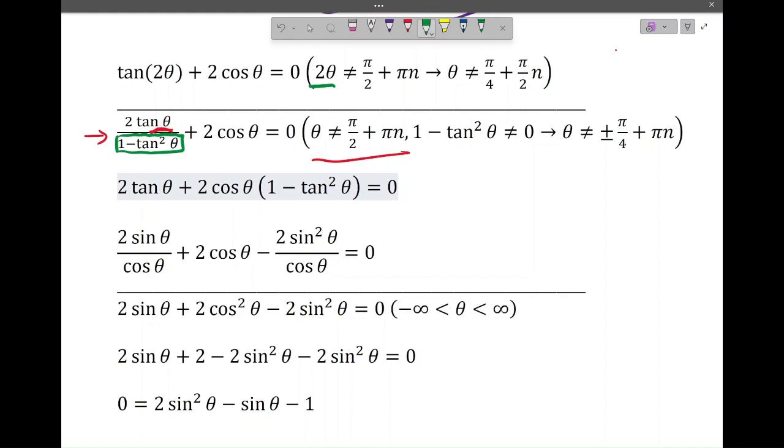I'll just show briefly how I got to here, but this just gives us, again, tangent squared cannot be equal to 1. So tangent itself cannot be 1 or minus 1. So that's going to give you pi over 4 or negative pi over 4, and every multiple of pi afterward.